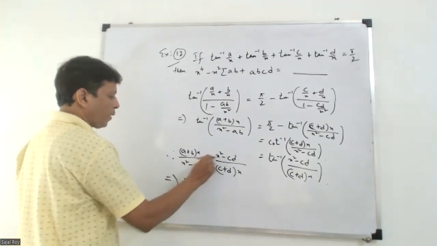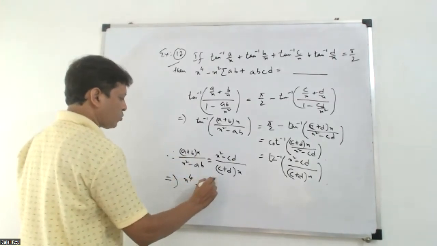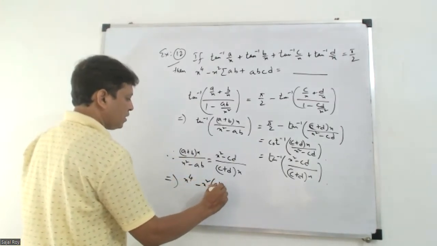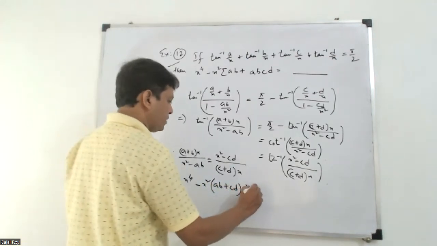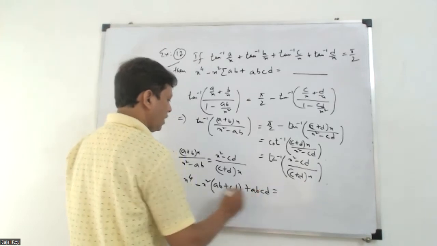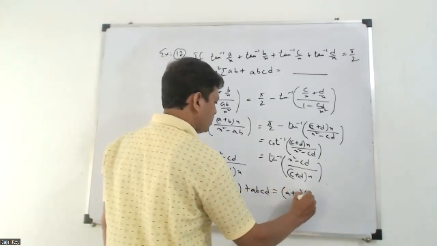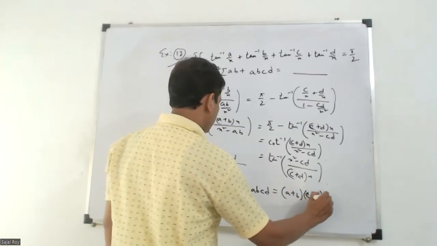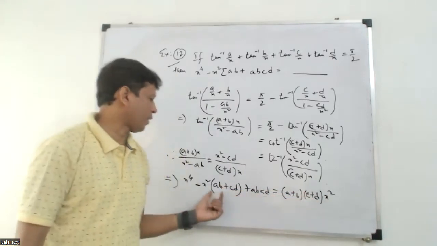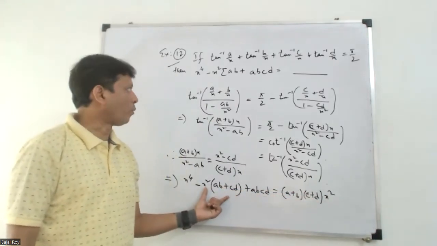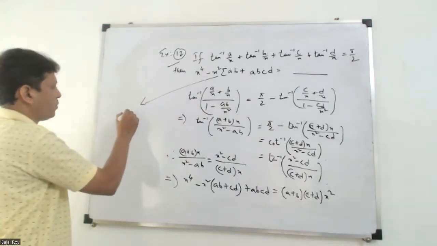If you multiply, you have x to the power 4 minus x squared into (ab plus cd) plus abcd. On the right, you have (a plus b) into (c plus d) times x squared. If you take x squared common, you will have summation ab. What do you mean by summation ab?